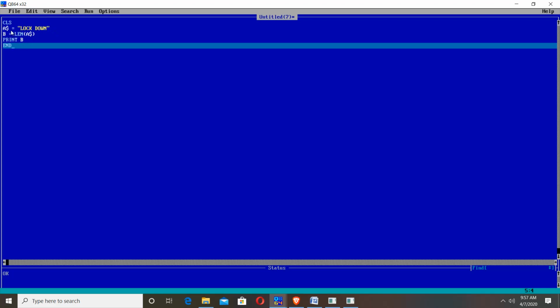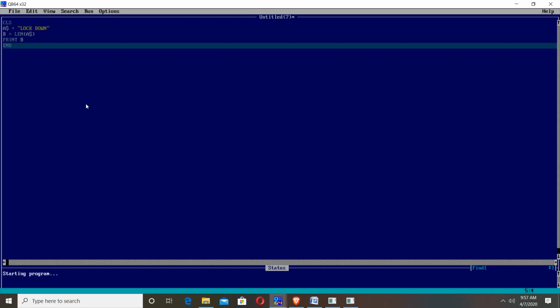Now see here, though A is written with a $ sign, there is no $ sign in B. Why? Here the LEN function is used to get the length of the string, and the length of the string should be a number, so we have not used any $ sign in B. Now let's check the output.